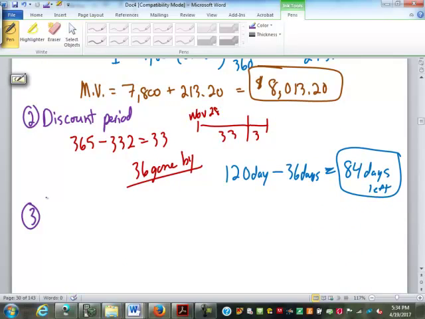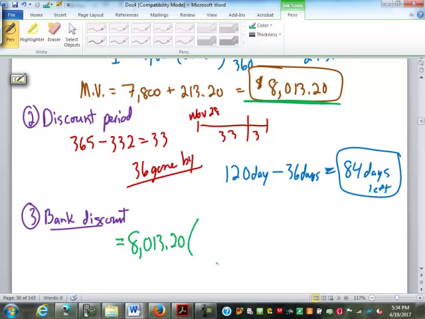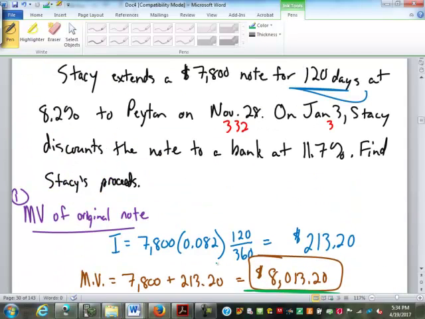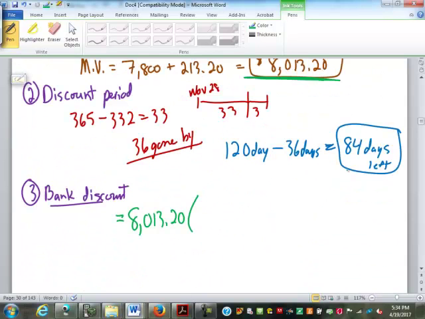Now step 3 is to find the bank's discount. How do we find that? So yes, the maturity value of the $8,013.20 times, there you go, the discount rate of 11.7, so 0.117, times 84 over, and we do still use 360.